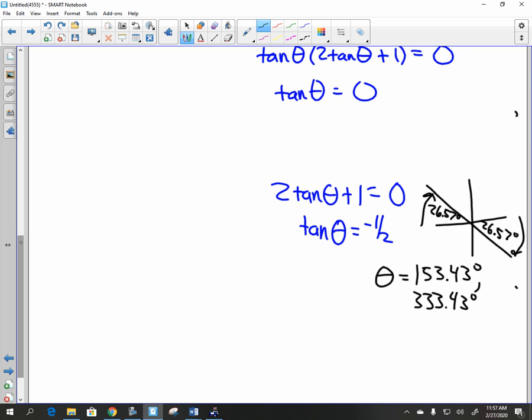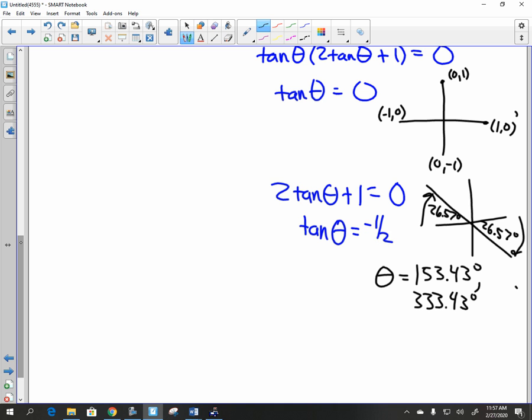So we've got two solutions, but what do I still need to kind of look at? Where tangent's equal to 0. Tangent is y divided by x. So which spots, if I take y and divide it by x, will I get 0? Everybody agree that here you'll get 0?